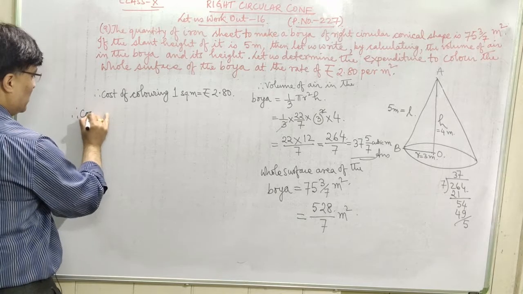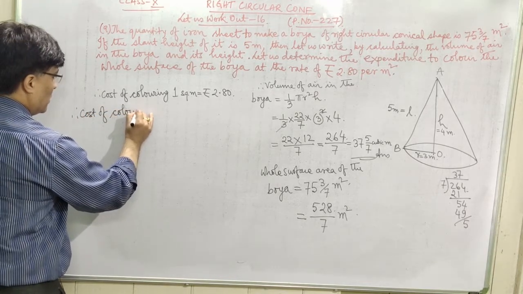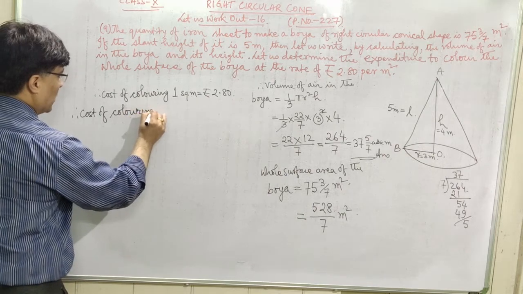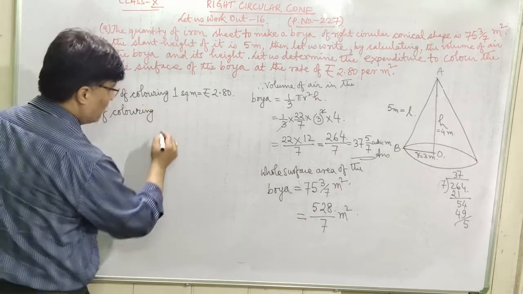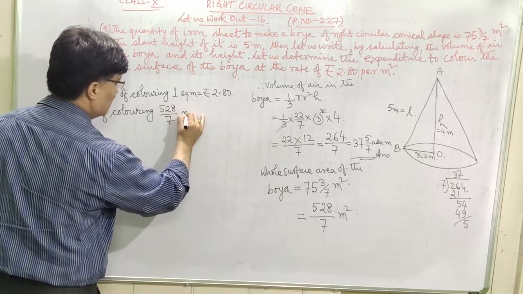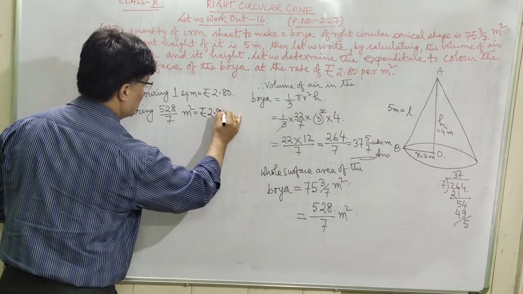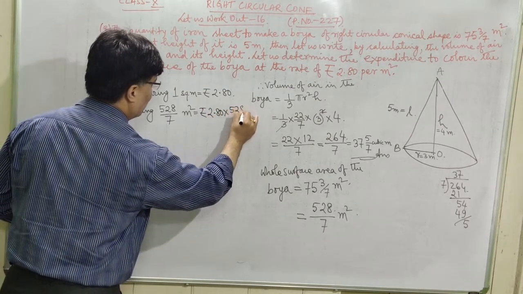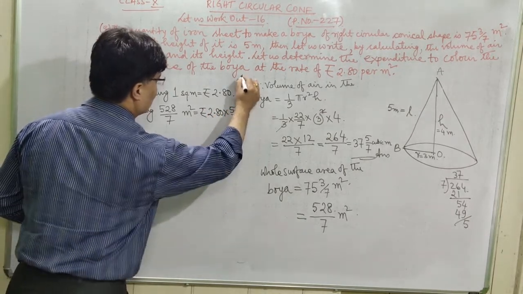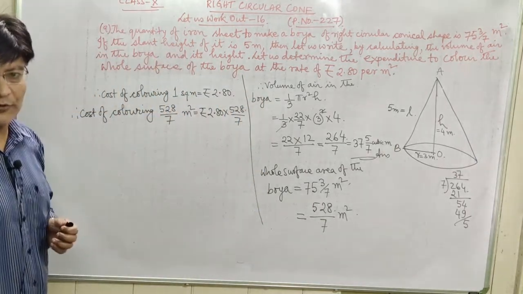So therefore, cost of coloring 528 divided by 7 meter square is equal to rupees 2.80 multiplied by 528 divided by 7. Is that clear to all of you?